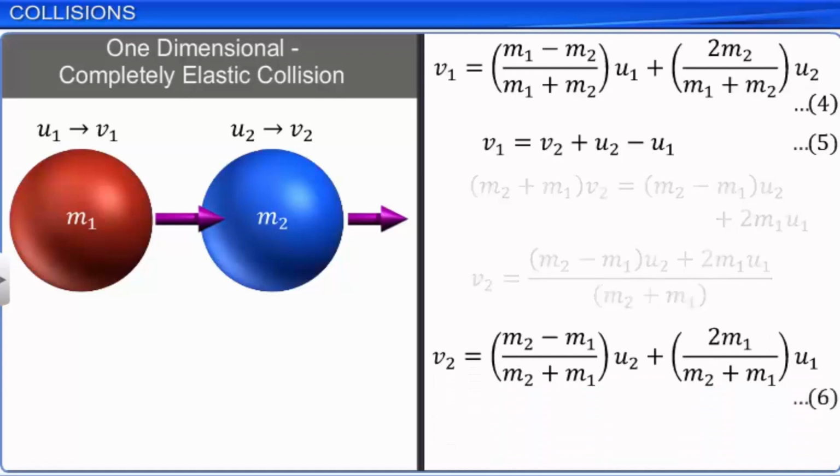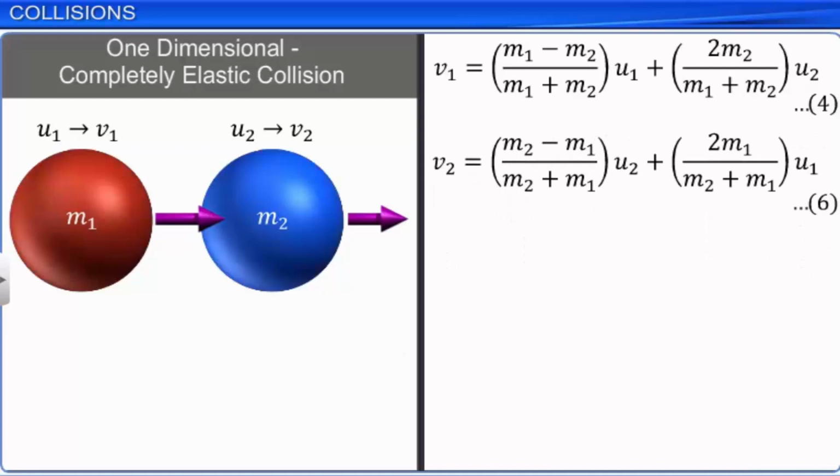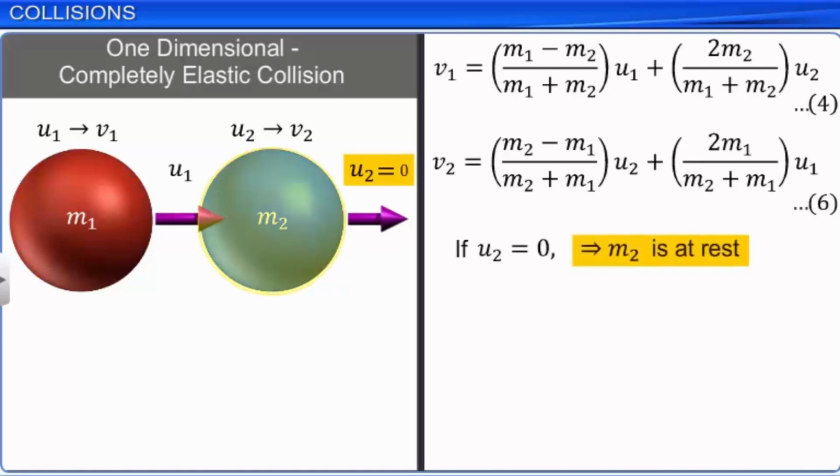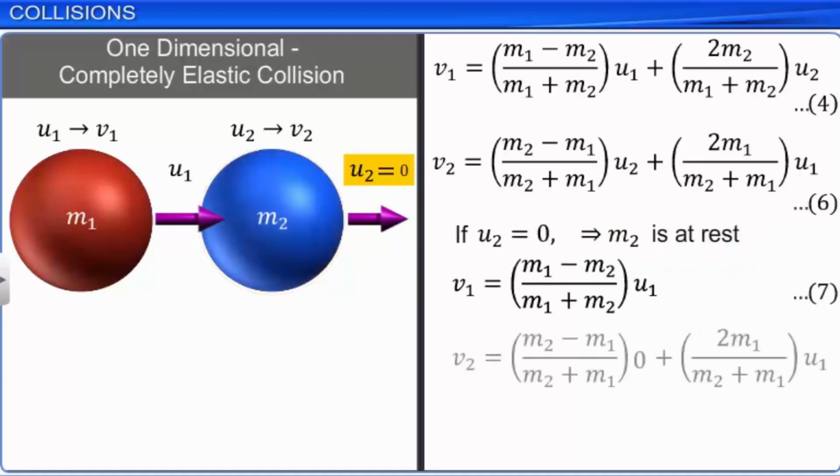As a special case, if we assume that m2 was at rest before the collision, then u2 will be 0 and v1 reduces to v1 is equal to (m1 minus m2) by (m1 plus m2) into u1. Let this be equation 7. And v2 is equal to 2m1 by (m2 plus m1) into u1.